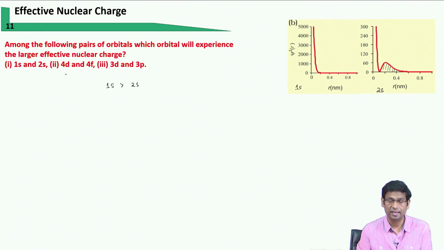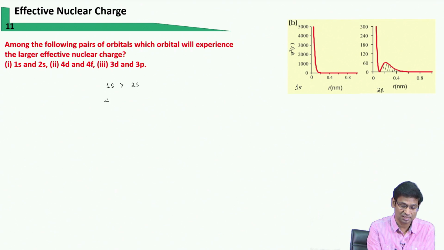Now the other question is 4d and 4f. The argument goes again in the same direction. The 4f electron is more diffused, that means it goes farther away from the nucleus compared to 4d, because even if both have the same principal quantum number 4, they have different azimuthal quantum numbers l. So 4f, which is more diffused, will experience less of the nuclear charge.